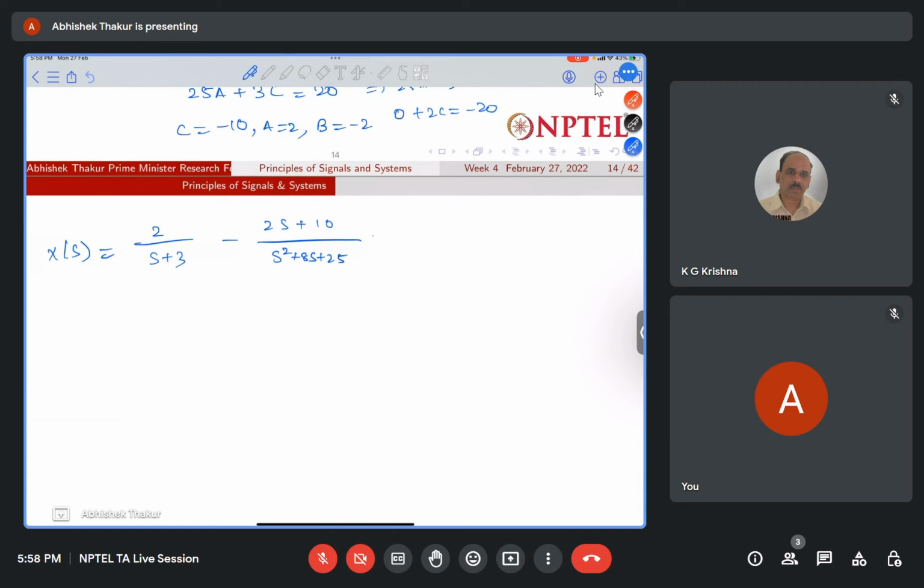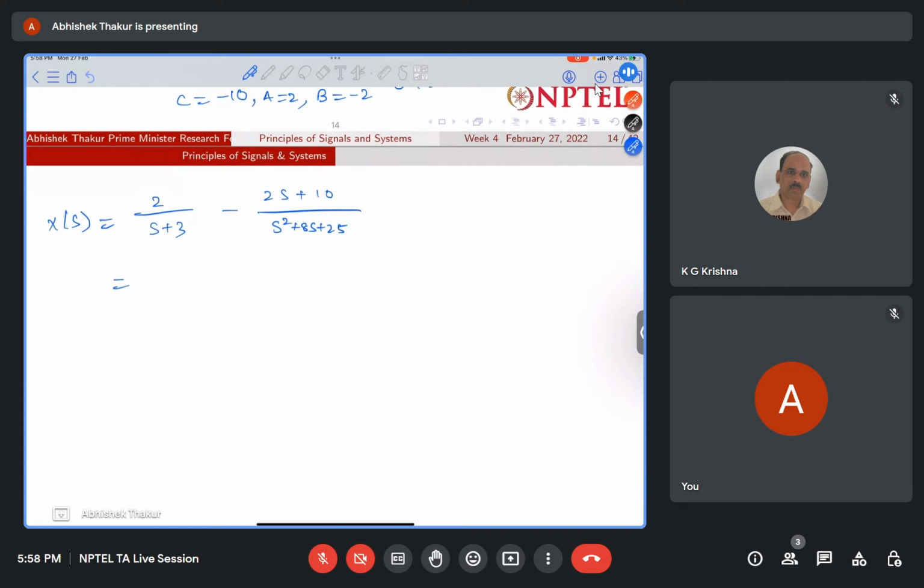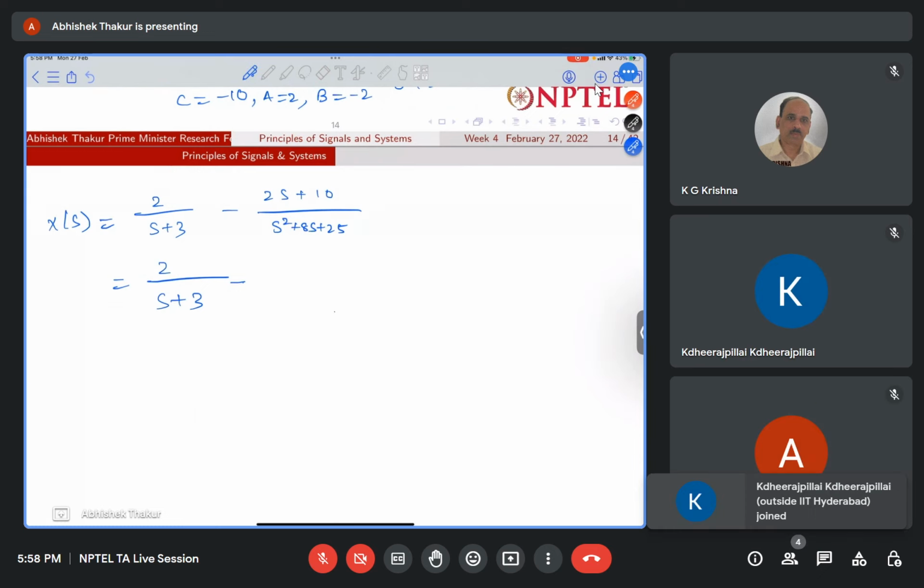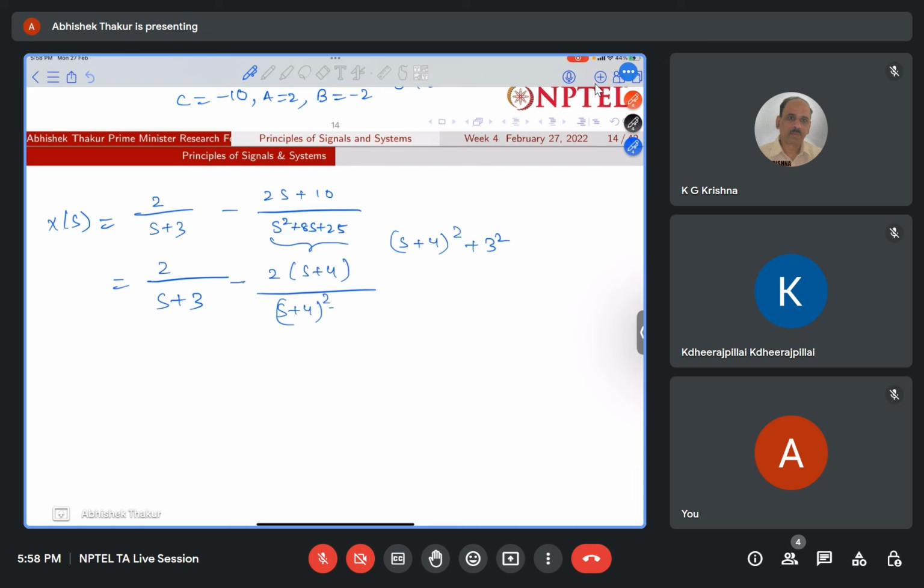Again, we can write the second term with s plus 4 whole squared, that is s squared plus 16 plus 8s, plus 3 squared. It is making sense that in the numerator we have to write in terms of s plus 4. So we can write 2 into (s plus 4) divided by (s plus 4) squared plus 3 squared.